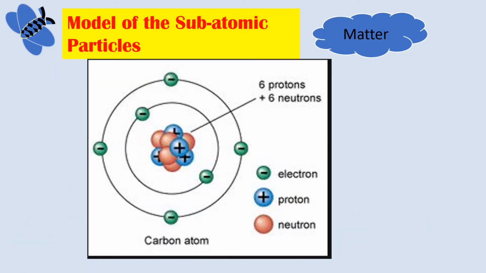There are also models of subatomic particles. The first model of subatomic particles is the planetary model, wherein we can find the proton and neutron inside the nucleus and the electrons are orbiting around the nucleus.